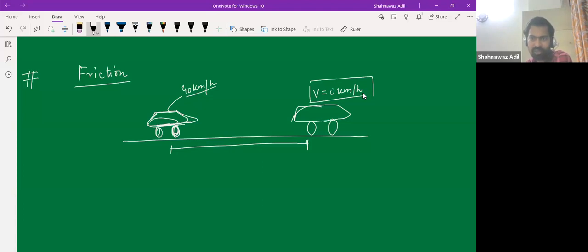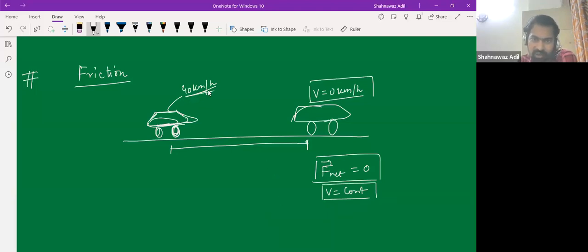If there is no force, why has this car stopped? When there is no net force, F net is zero, which means V would be constant. But is V constant?